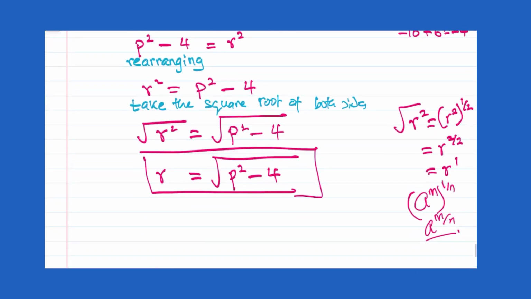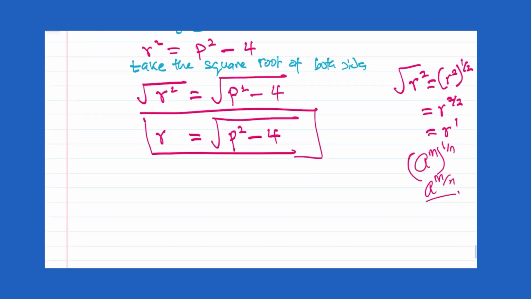For us to have better organization, we rearrange what you see here, and that is why we have r squared is equal to p squared minus 4. To solve this further, we have r squared equals p squared minus 4.